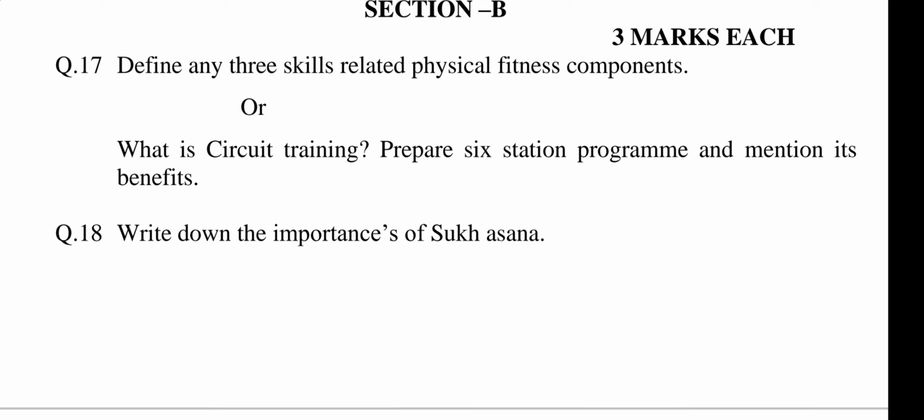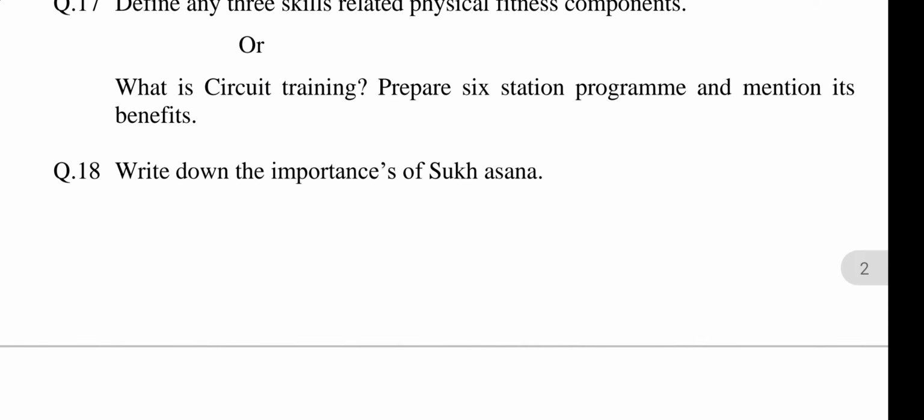Or what is circuit training? Prepare a 6-station program and mention its benefits. This question is related to chapter number 2, training methods. The answer may be, first of all, write down the introduction. Circuit training method was developed by R.E. Morgan and G.T. Adamson in 1953 at Leeds in England.